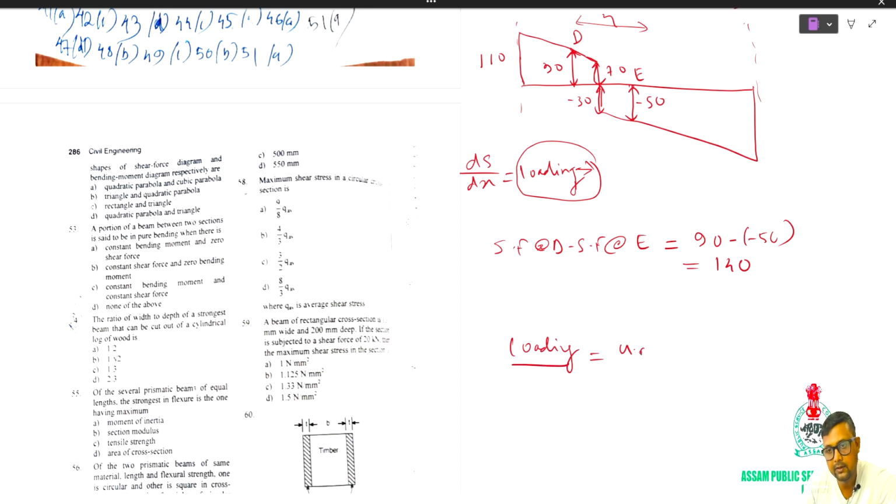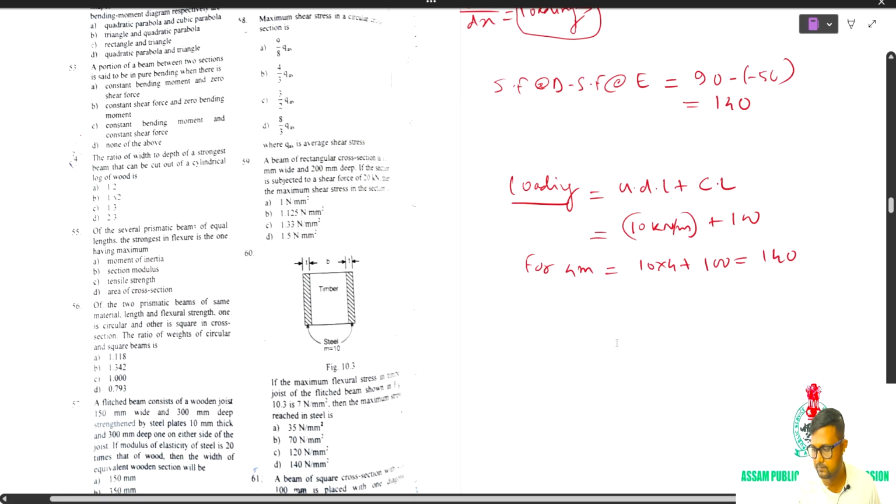This UDL plus concentrated loading, right? 10 kN per meter plus 100. What is the total load for 4 meter? 10 into 4 plus 100 is equal to 140.